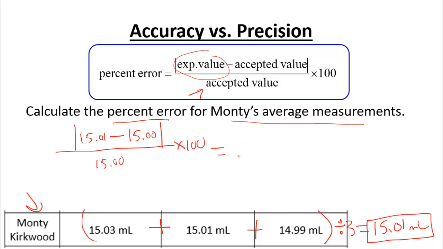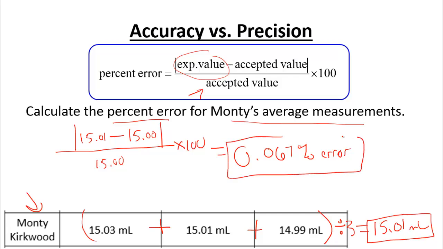Monty Kirkwood's percent error was pretty good, 0.067% error. That's really good, less than 1% error. Oftentimes you'll find your experiments in chemistry are in the neighborhood of 10 to 30. Anything below 30 is pretty good for a chemistry lab.